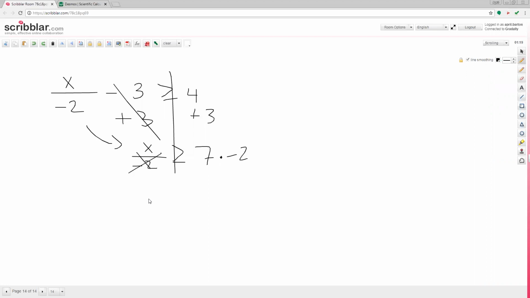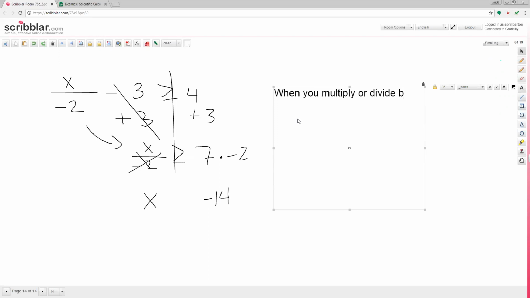Good. So now here's one more way that inequalities are different than equations. With an equation, we'd be good to go. It's -14. With an inequality, there is one special rule: if you multiply by a negative or divide by a negative number, you need to flip the inequality sign.